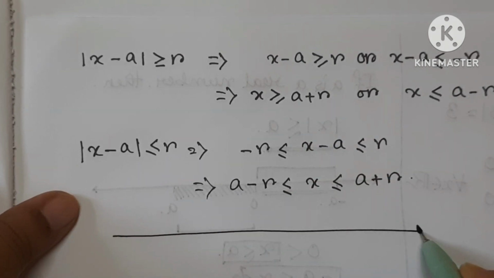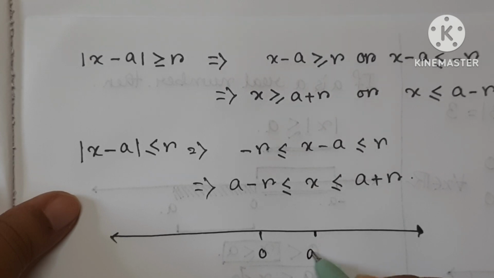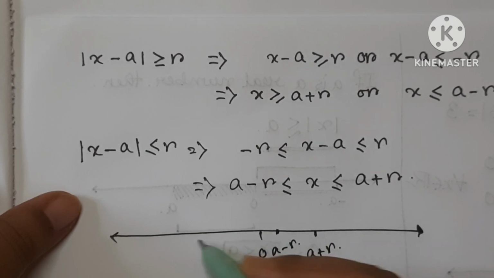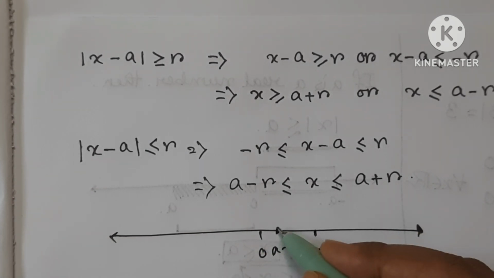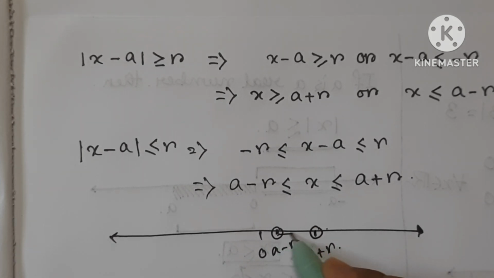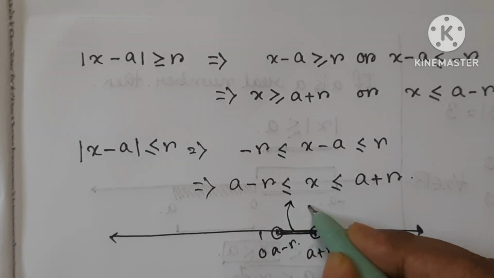If you consider this is 0, there will be some a plus r and a minus r, two points. In between that, the entire region will be here.